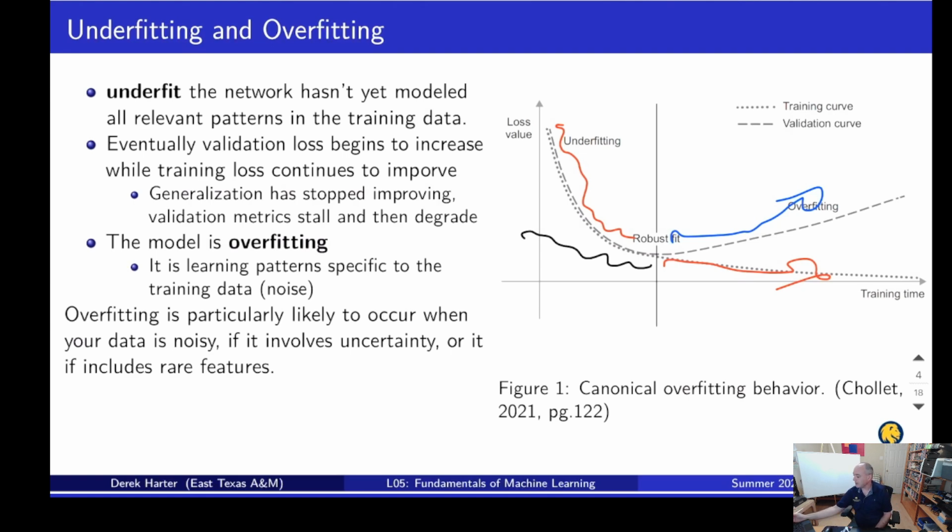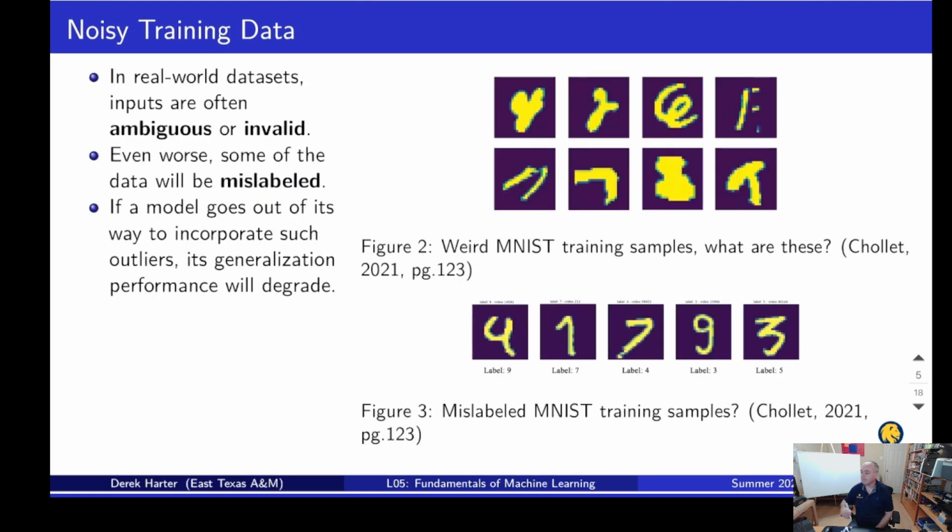So just a little bit about what we mean by noise in training data. There are different things that can cause noisy data. For one thing, your data can be ambiguous or invalid. Like in the top figure here, these are some weird samples. It's hard to tell what those actually are.